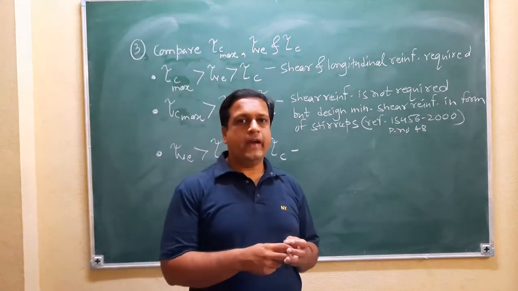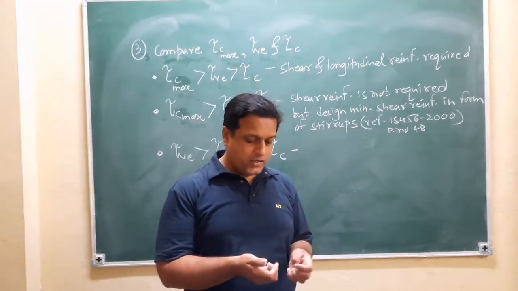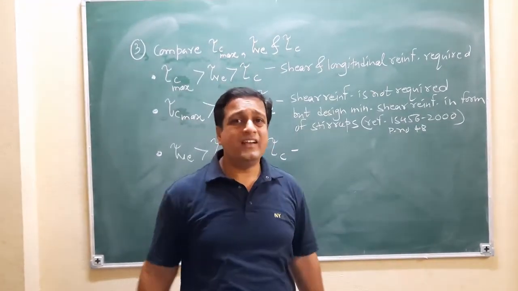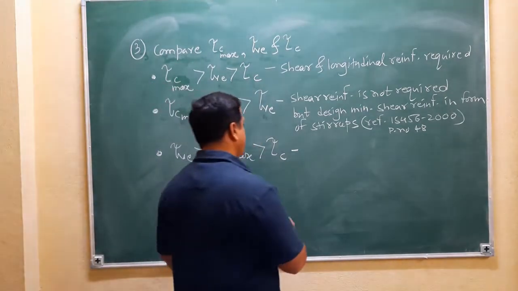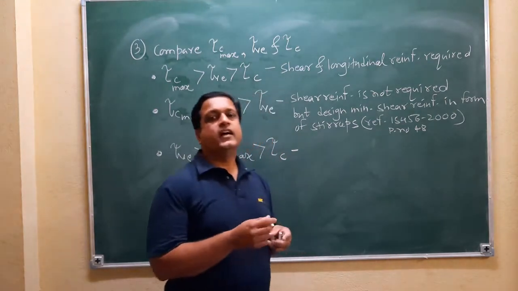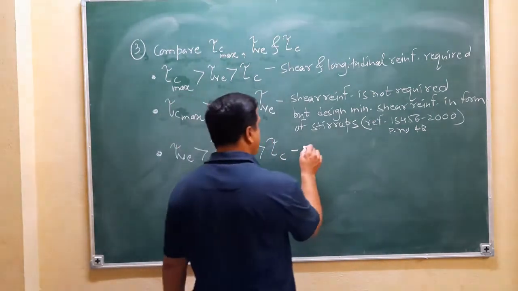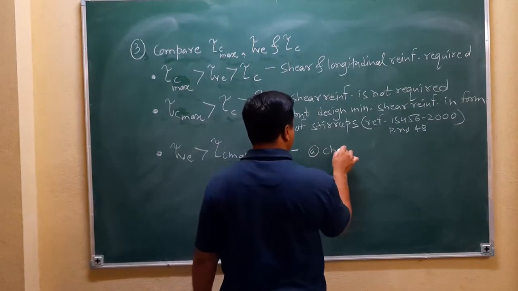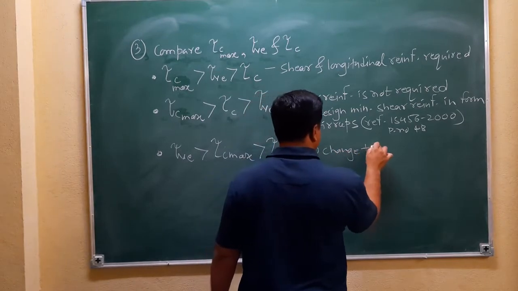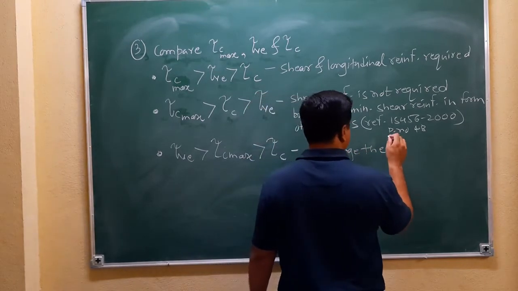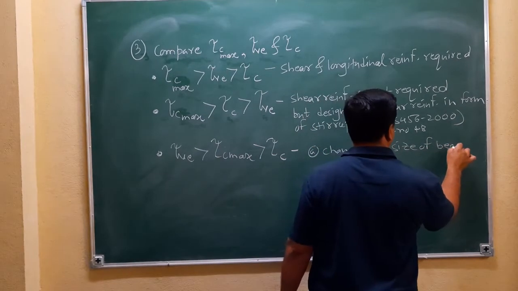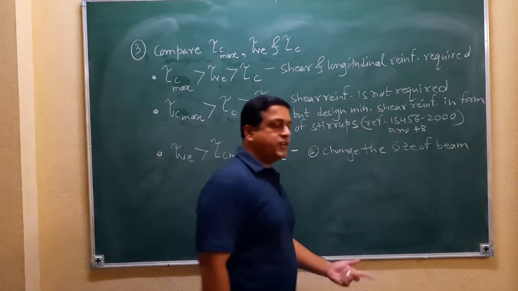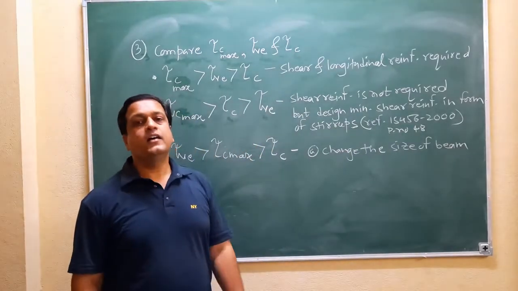So you have to redesign the section. Okay, you have to change the dimension of beam. So change the size of beam, you have to change the width of section, you have to change the depth of the section.